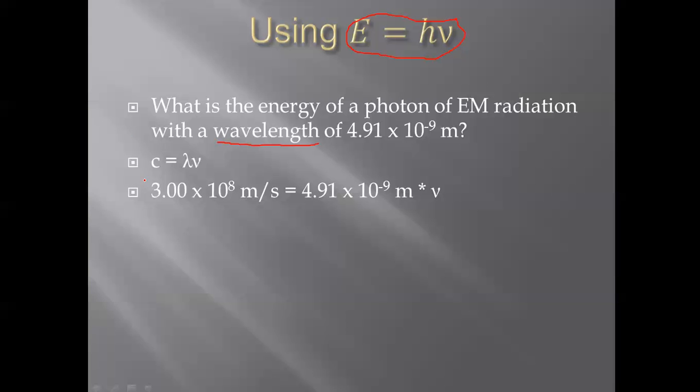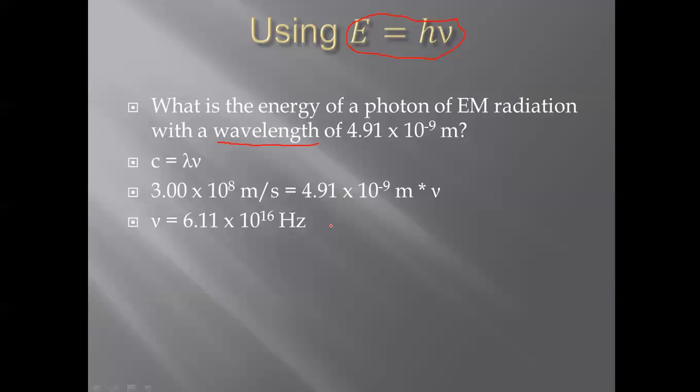So substitute in the speed of light, put in my wavelength here, 4.91 times 10 to the negative 9th, and solve for frequency. Now, I'm hoping that you have caught on and you can do that, so I'm going to skip just to the actual answer here. Solving for frequency, I get 6.11 times 10 to the 16th hertz.